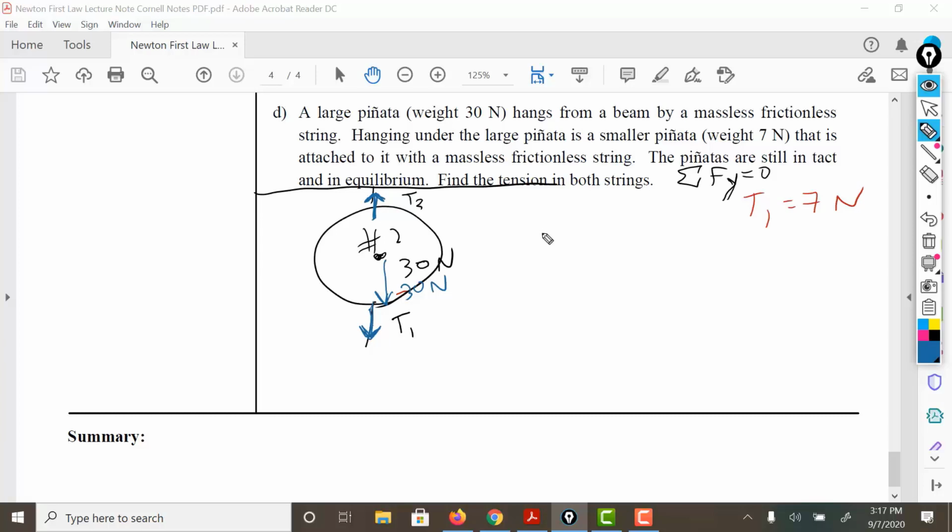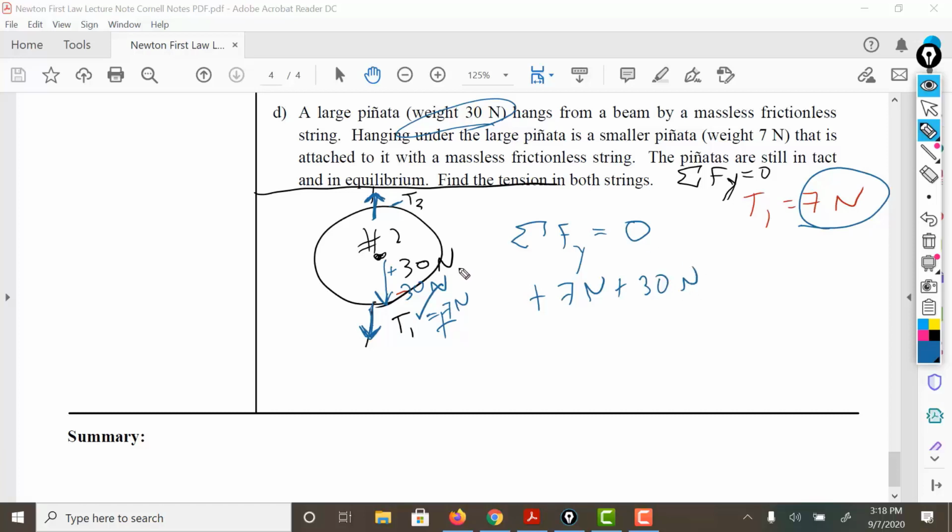If we set up Newton's first law along the y-axis, we have 3 forces this time. And I would suggest making the bottom be positive because we have 2 forces going down and 1 going up. So then T2 will be negative. T1 will be positive and the 30 newtons will be positive, right? 30 newtons is the weight of the piñata. So remember T1 was 7 newtons. So I have a positive 7 newtons and then I have the weight plus 30 newtons, check.